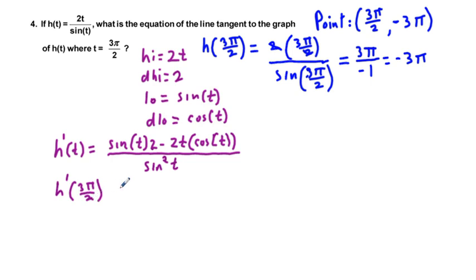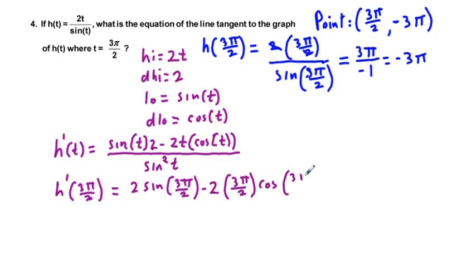So what we have here is 2 sine 3 pi over 2 minus 2, and t is 2t, so it's going to be 2 times 3 pi over 2 times the cosine of 3 pi over 2.